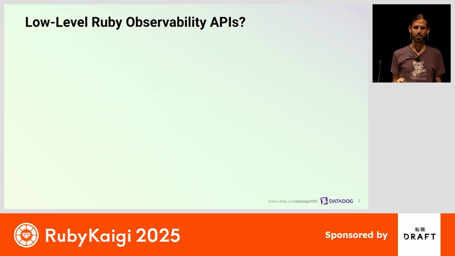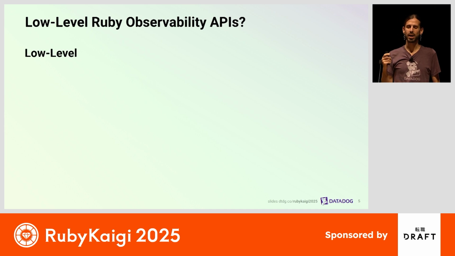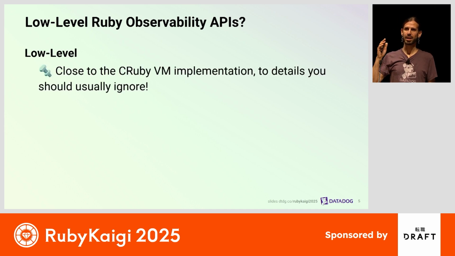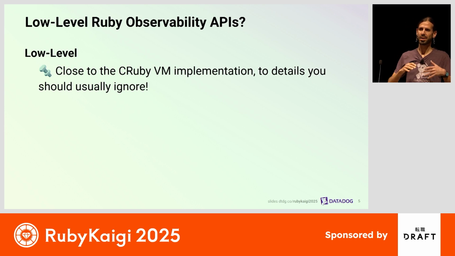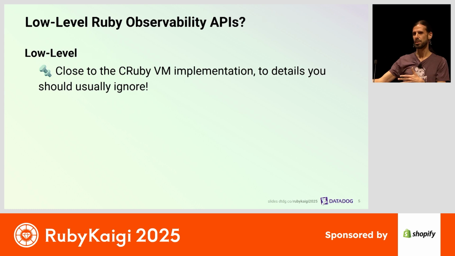Let's talk about low-level Ruby observability APIs. And what do I mean when I say low-level Ruby observability APIs? By low-level, I mean APIs that are close to the C Ruby VM implementation, to details that usually you don't need to know about, and it's even better to ignore them. But in some cases, when you're debugging hard issues or trying to find out what exactly happened in some situation, it's a good thing to know a bit more about these things.